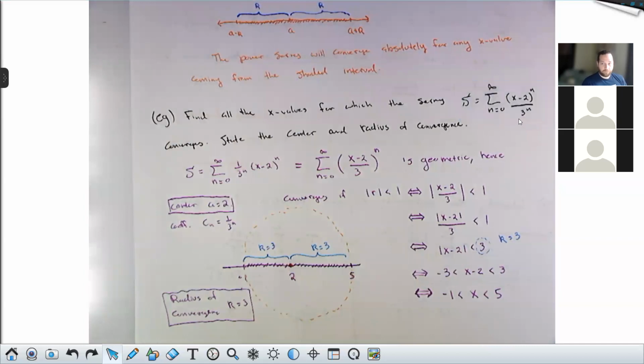That's true. It would also converge if you plugged in any complex number that lived in this orange disk in the complex plane. And that's why we use the term radius, right? Really, this interval is the projection of this disk in the complex plane onto the real line.